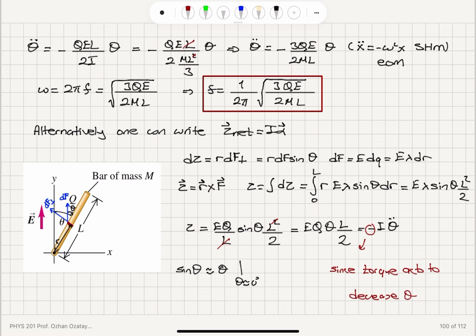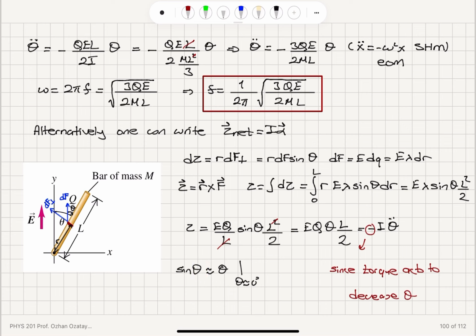We integrated for r values from 0 to capital L to find the total torque, because each charge element has the same direction of the torque, so they add up. Therefore we obtain the equation of motion by noting sine theta is approximately equal to theta for small values of theta.